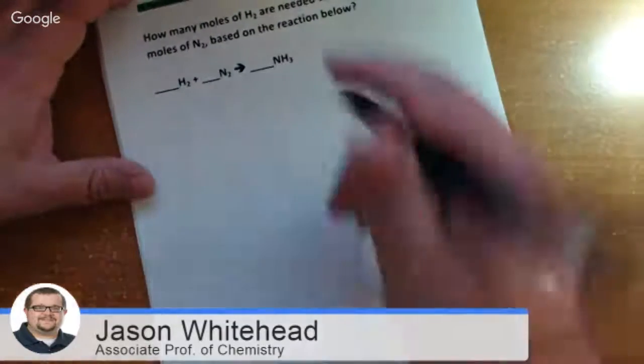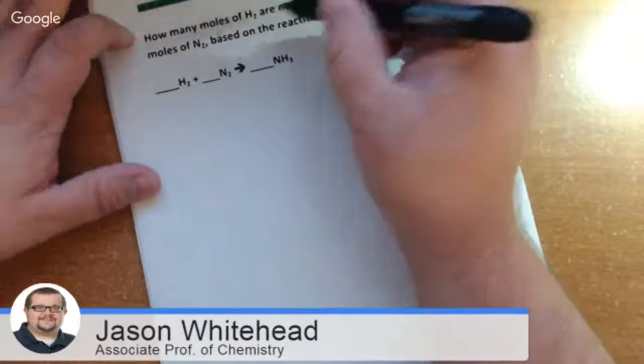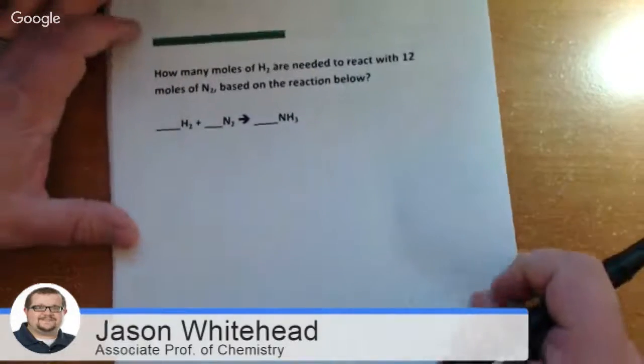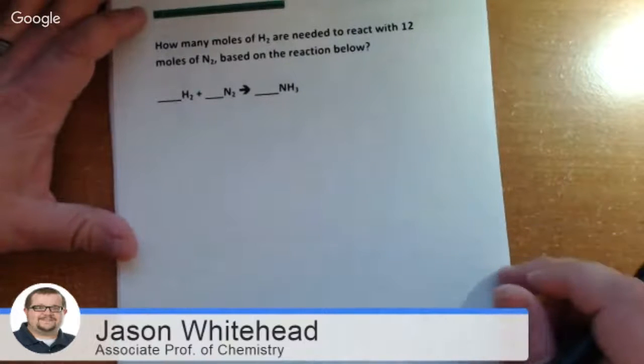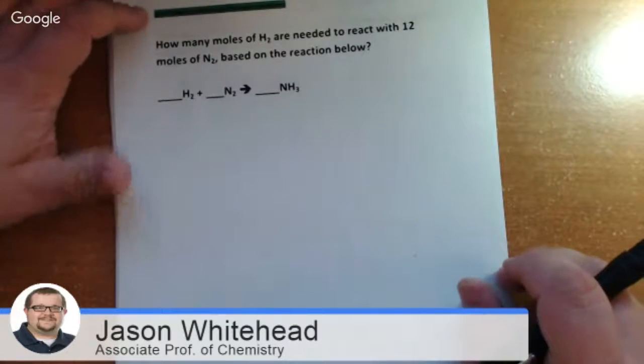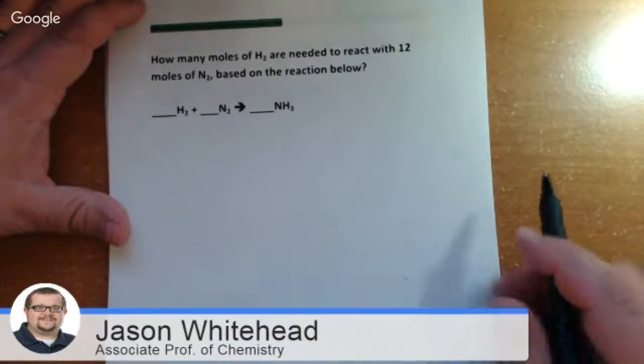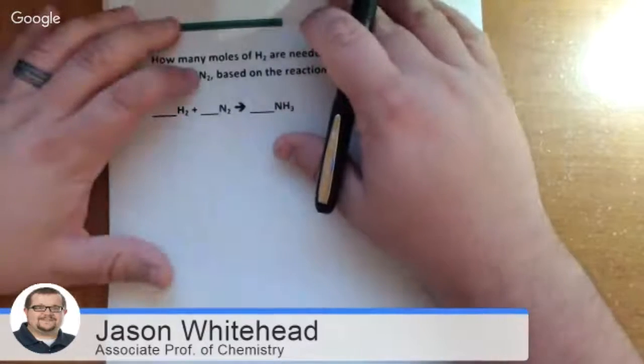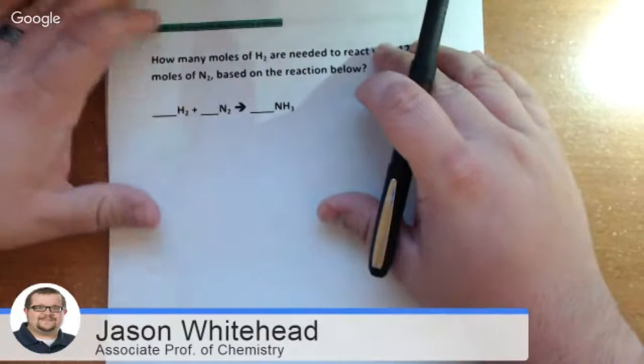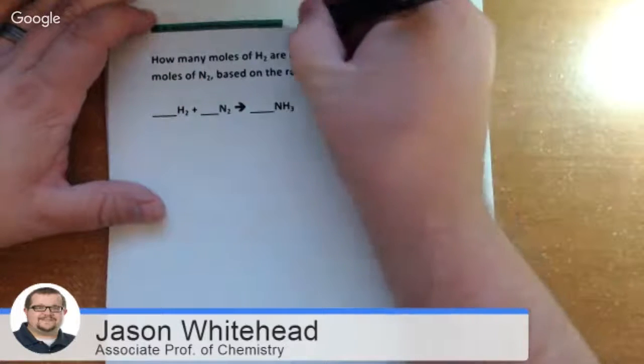Okay, how many moles of H2 are needed to react, let me move this to where you can see it, with 12 moles of N2 based on the reaction below? Okay, so this is stoichiometry. This is predictions. This is how much do I need of one thing to make something else. There are two things that you need.